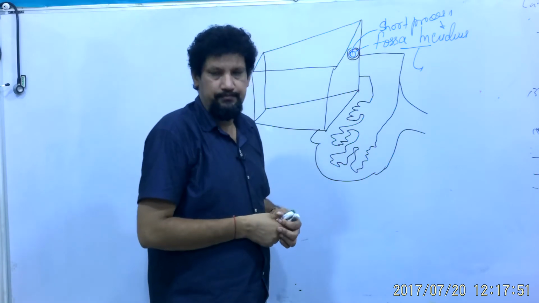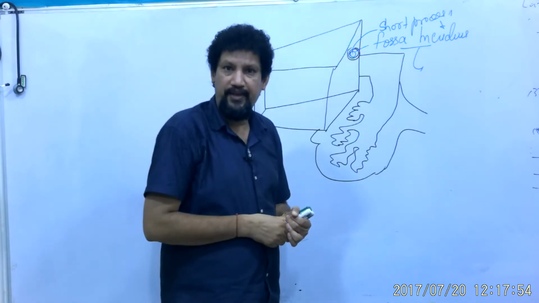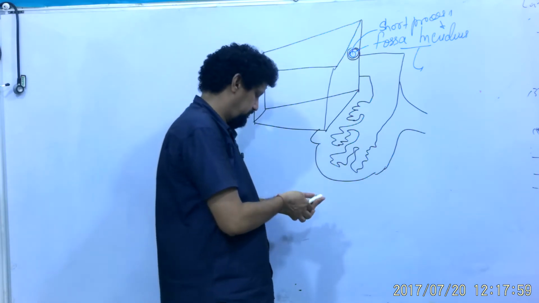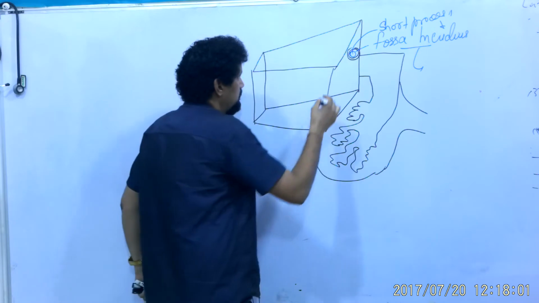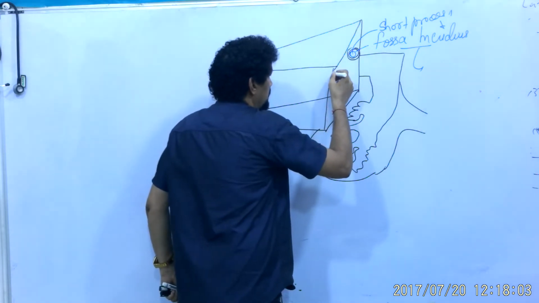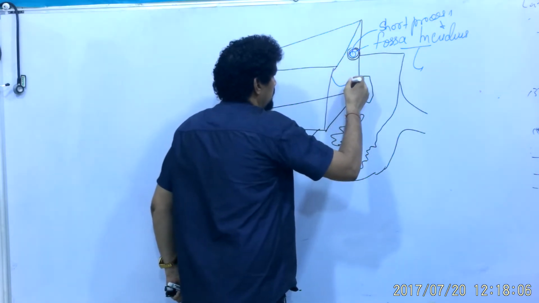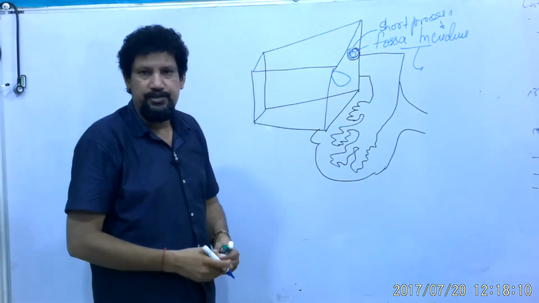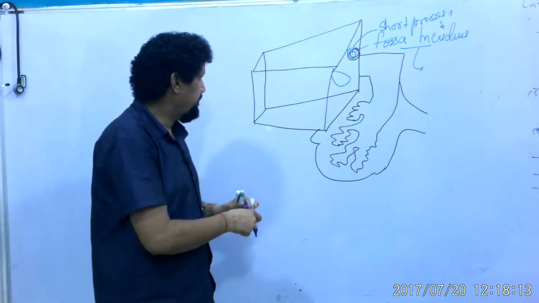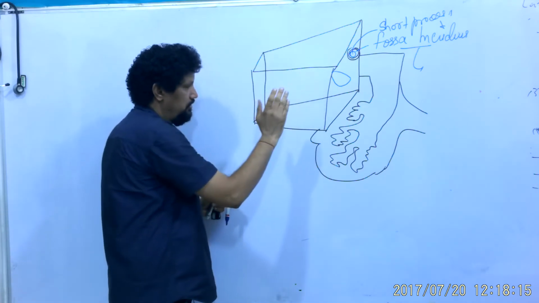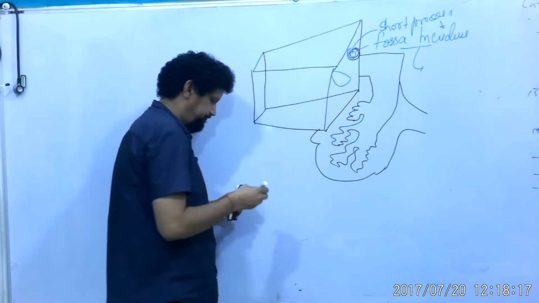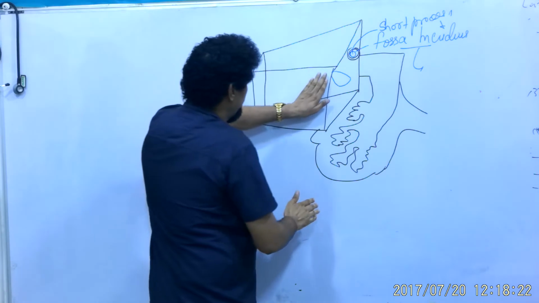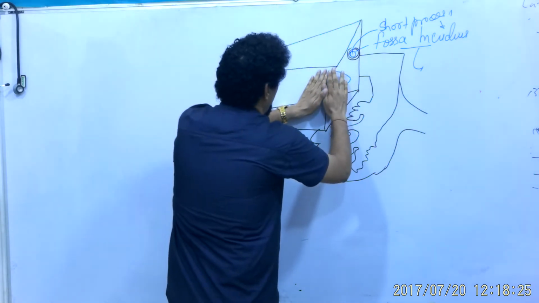One more part or one more modification of the posterior wall is the pyramid. This is the junction between the medial wall and the posterior wall.